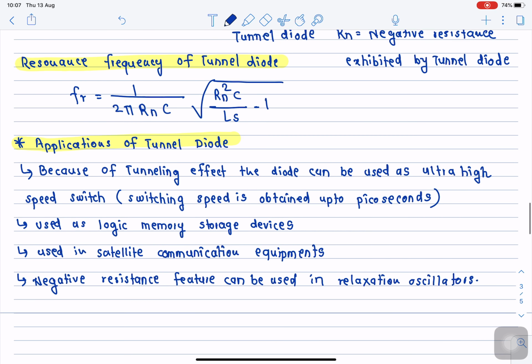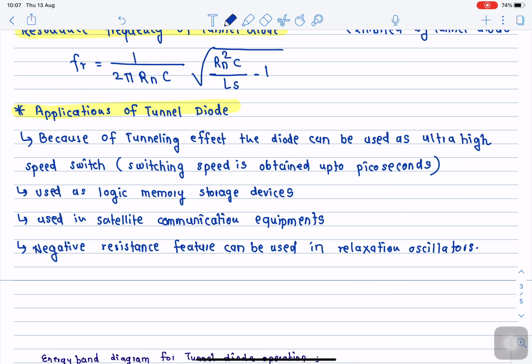Now for applications, the tunnel diode and the tunneling effect can be used as an ultra high speed switching element in microwave circuits. The switching speed is obtained up to picoseconds. Please remember, such a high switching speed can be established by using a tunnel diode. 1 picosecond is equal to 10 raised to minus 12 seconds.